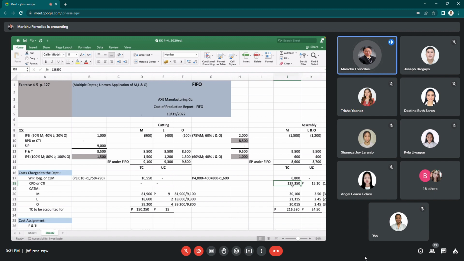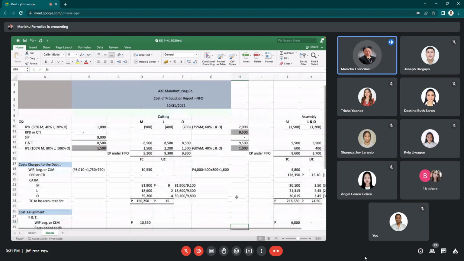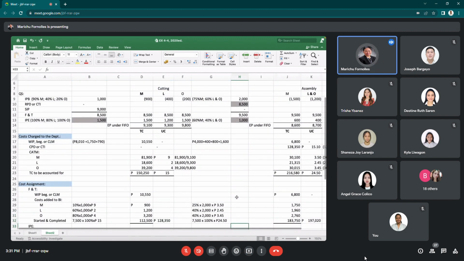And you will notice, class, that ang value sa F&T ni cutting, the 128,350, is carried forward to the assembly department as its cost from PD. Dili na work in process begin.